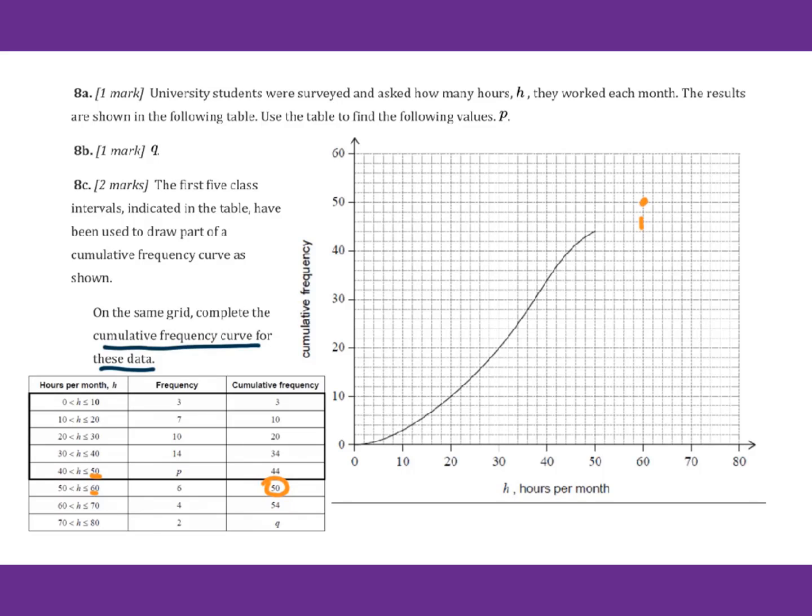It's here, this point. Then 70, you do 54. Each is a 2. So 54 will be here, this point. And 80 will be 56. It's this point. Then you connect smoothly.